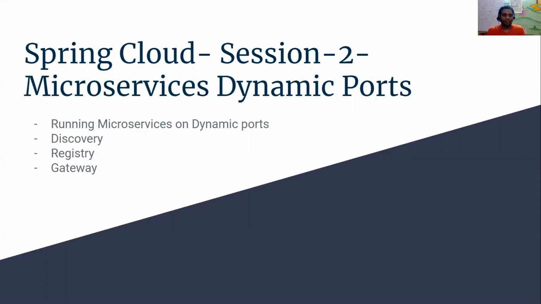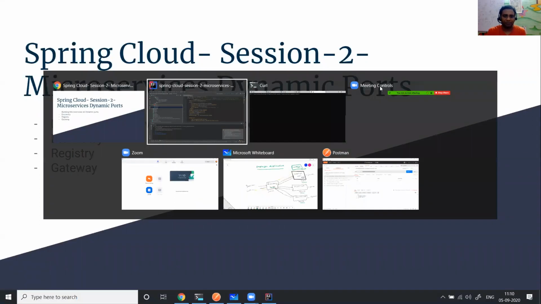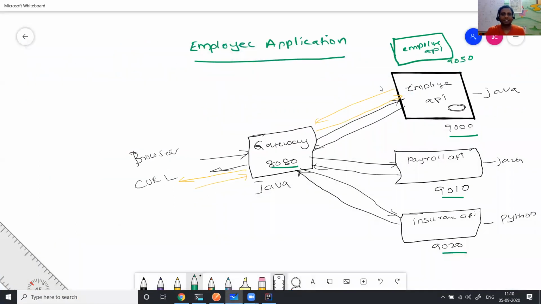Without wasting much time, let me delve into why we need to run a microservice on a dynamic port. If you are well versed with this example, this diagram, right? Currently our employee application became very popular. You want to scale up and bring more instances up. You observe that the employee JVM is not able to handle all the requests, so you want to bring one more instance up.